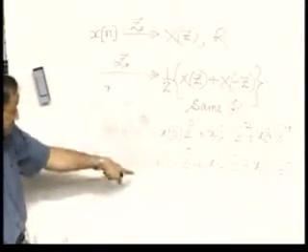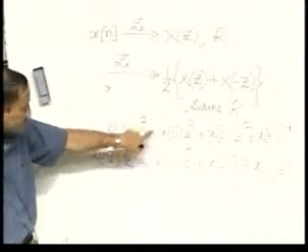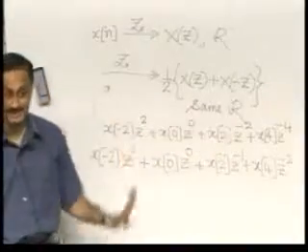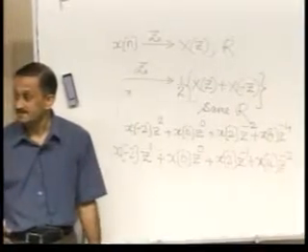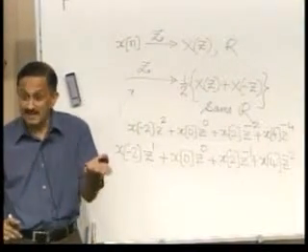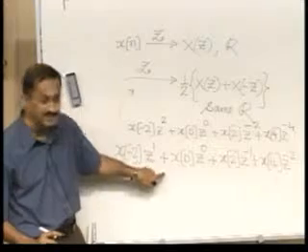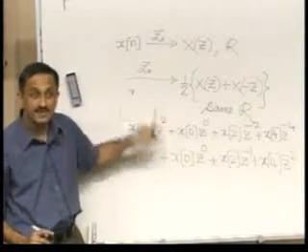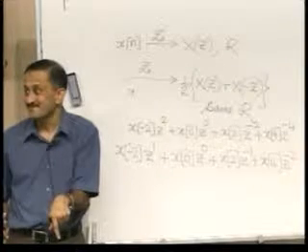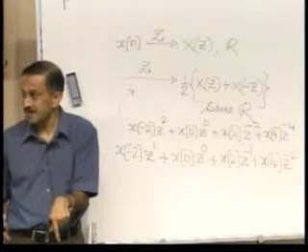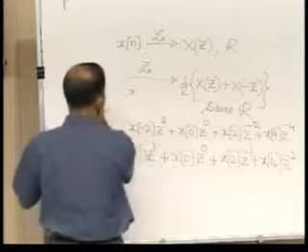So what have we done? You notice that this is actually a function of z squared. So we are replacing z squared by z, or in other words, z by the square root of z in the expression. So what is the Z transform that we want?